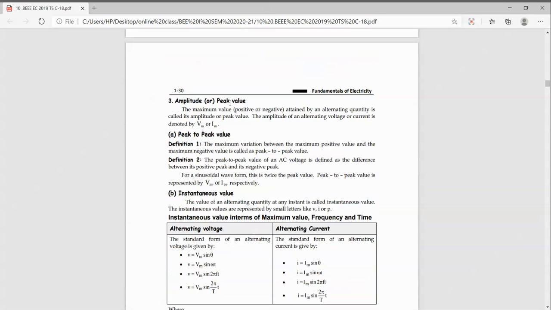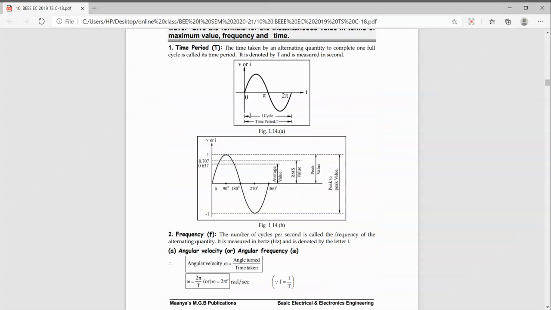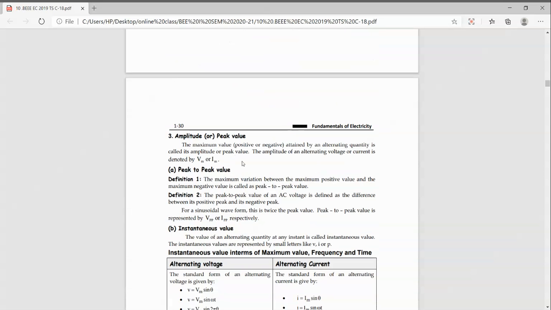And amplitude, what is amplitude or peak value? The maximum value attained by an alternating quantity is called amplitude or peak value.